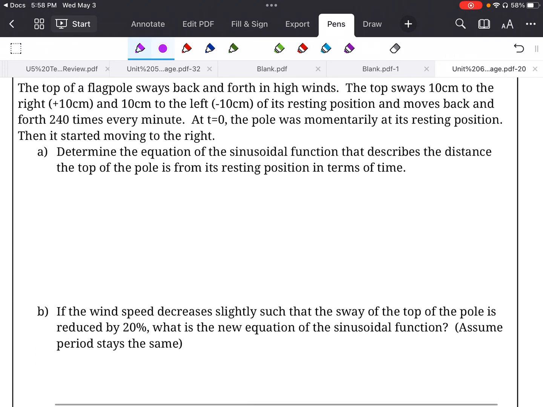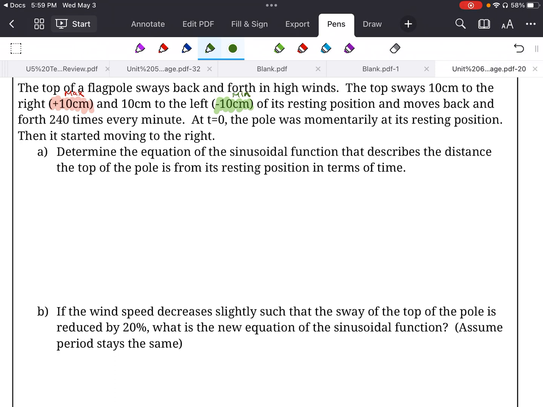Okay, the top of a flagpole sways back and forth in high winds. The top sways 10 centimeters to the right. So this will be your maximum. And 10 centimeters to the left. This will be your minimum.